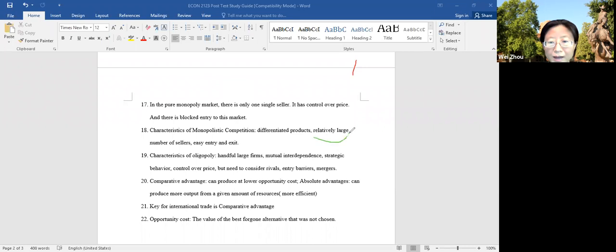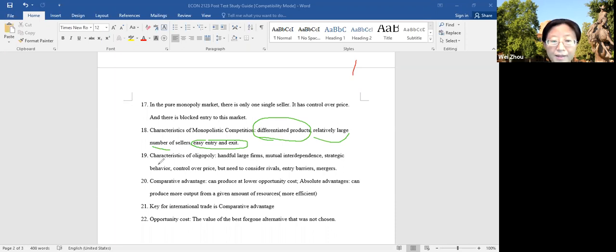But since it's very easy to enter this market, they don't have long run economic profit. To stand out in this market, you have to make sure your product is as different as possible compared to your rivals. The more different, the more you can control the price.